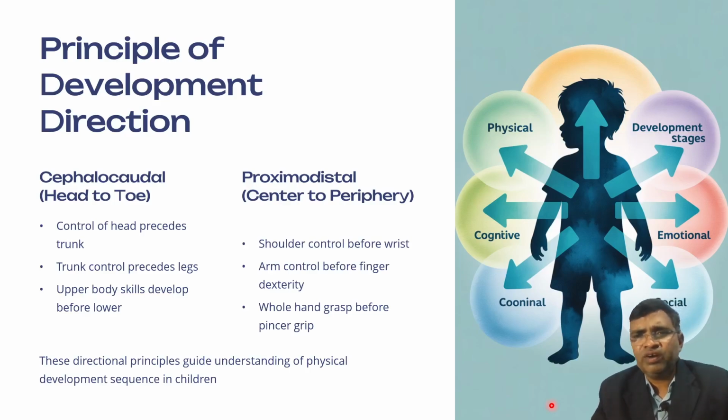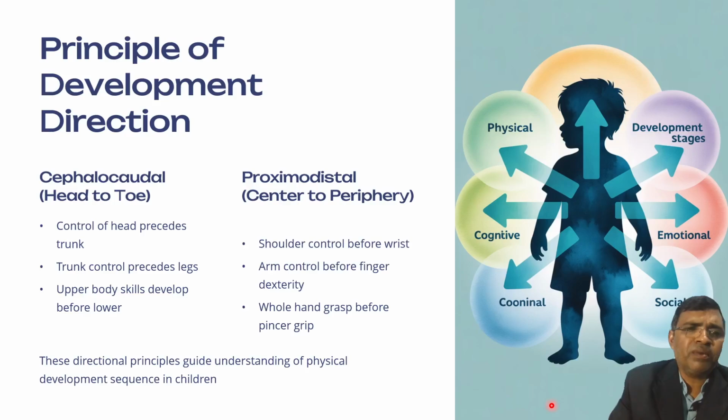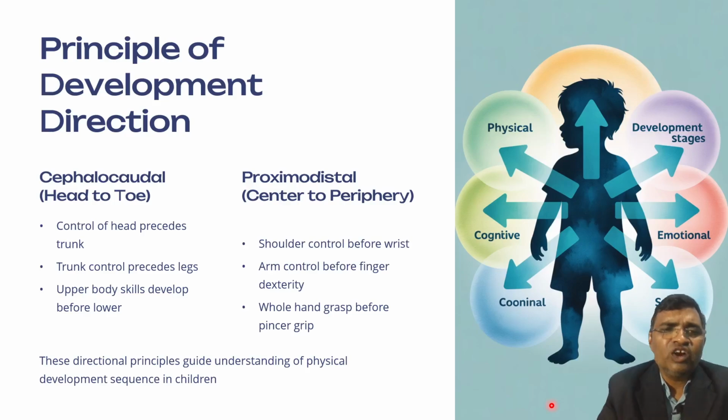Then principles of direction. Cephalocaudal: the child controls the head first, then the legs, then upper body skills develop before. So development starts from the head to toe. This is called cephalocaudal. Then proximodistal, that means center to periphery.